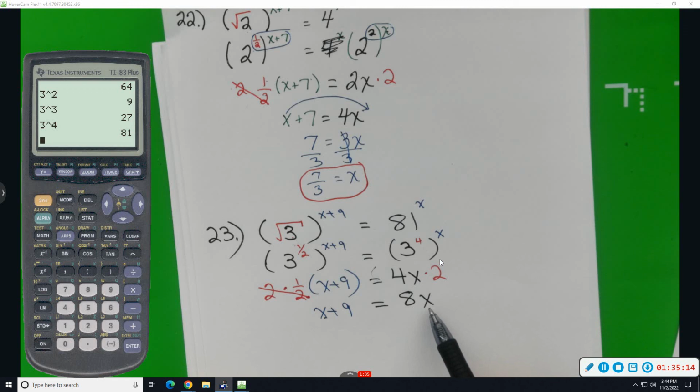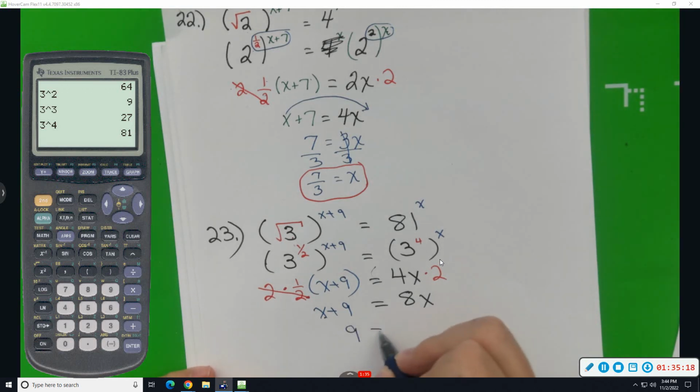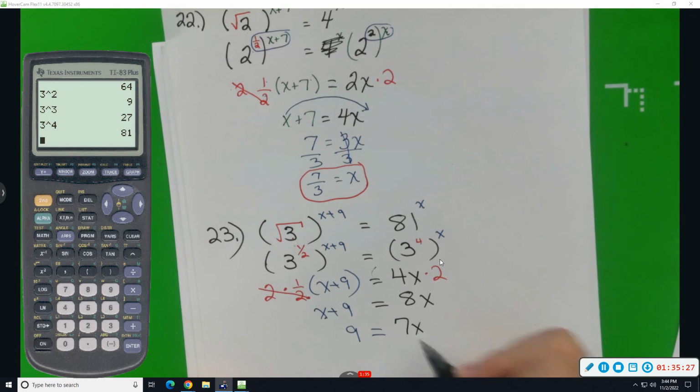That'd be the easiest thing to do to give us 9 equals 8x minus 1x gives me 7x. Divide both sides by 7 to give us x equals 9 over 7.